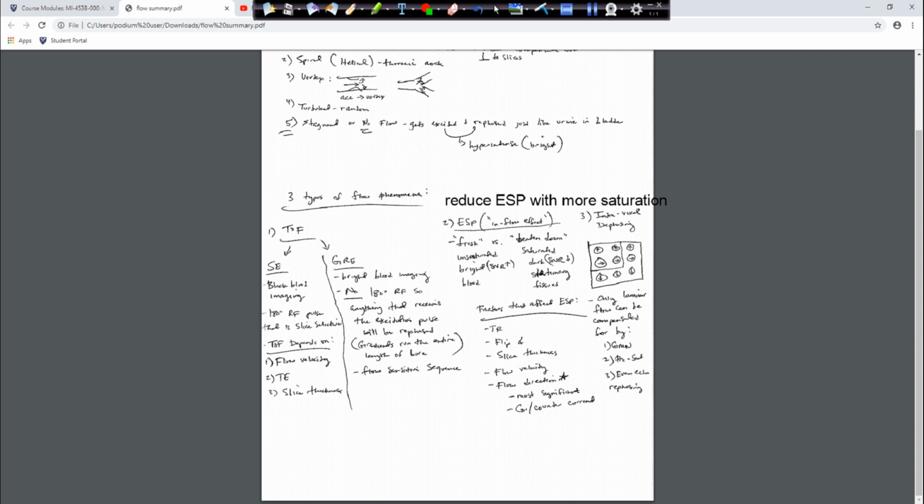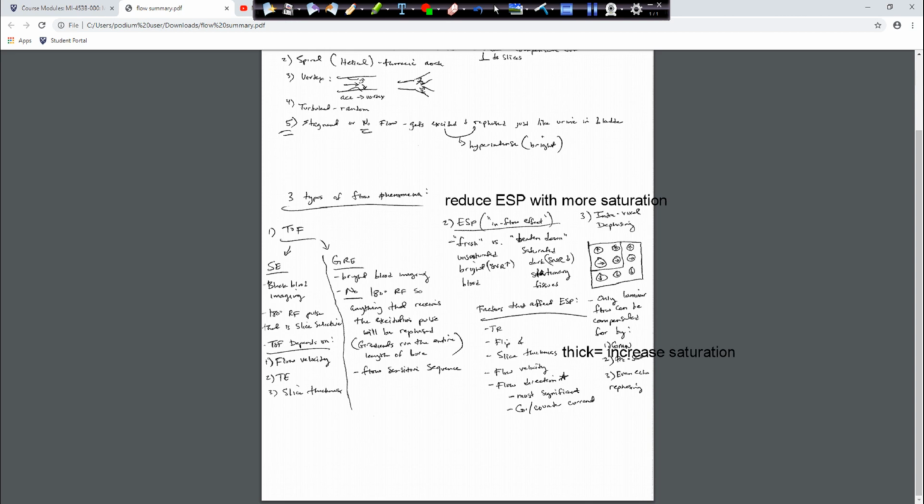If your slice thickness is thick, we increase saturation because we'll get more RF pulses as it travels through a thicker slice.